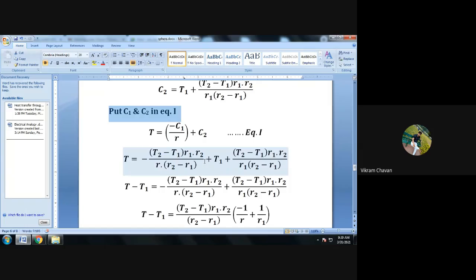Plus the C2 equation is T1 plus (T2 minus T1) multiplied by R1 multiplied by R2, whole divided by R1 multiplied by (R2 minus R1). Getting everyone? We considered equation number 1, and whatever values we determined for C1 and C2, we put those equations in equation number Roman 1, and we get this equation.